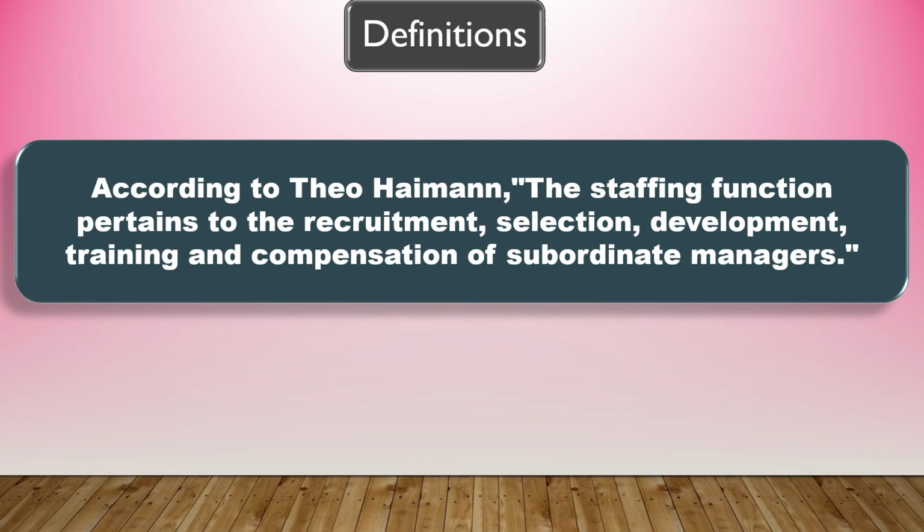Staffing function is related to finding new people for various positions, selecting employees based on their qualification, development of an employee by giving them training and giving them compensation if required in case of loss or any damage.